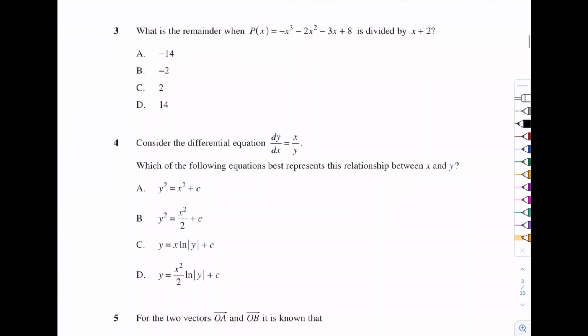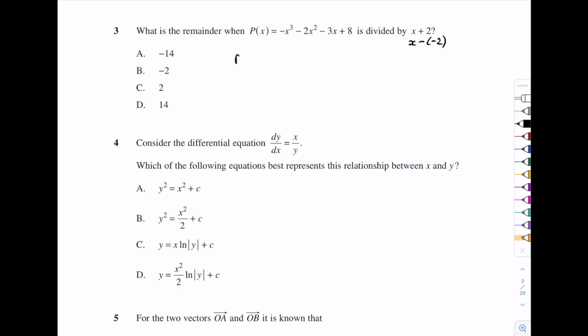Okay, so we can circle B. Okay, question 3. What is the remainder when p of x equals negative x cubed minus 2x squared minus 3x plus 8 is divided by x plus 2? So we're trying to find the remainder when we divide by a linear factor. And so this comes down to simply substituting in this case, because x plus 2 is the same as x minus -2, the remainder is found by substituting in -2 into our polynomial. This is the remainder theorem.